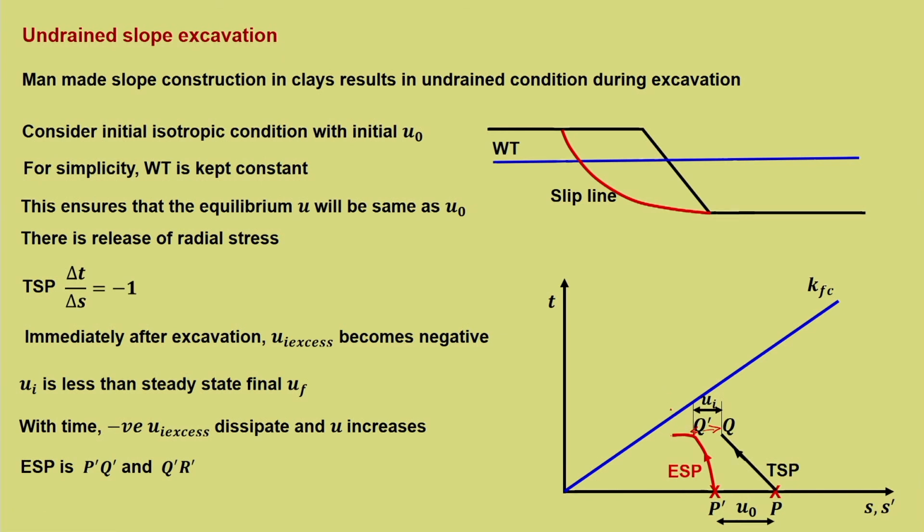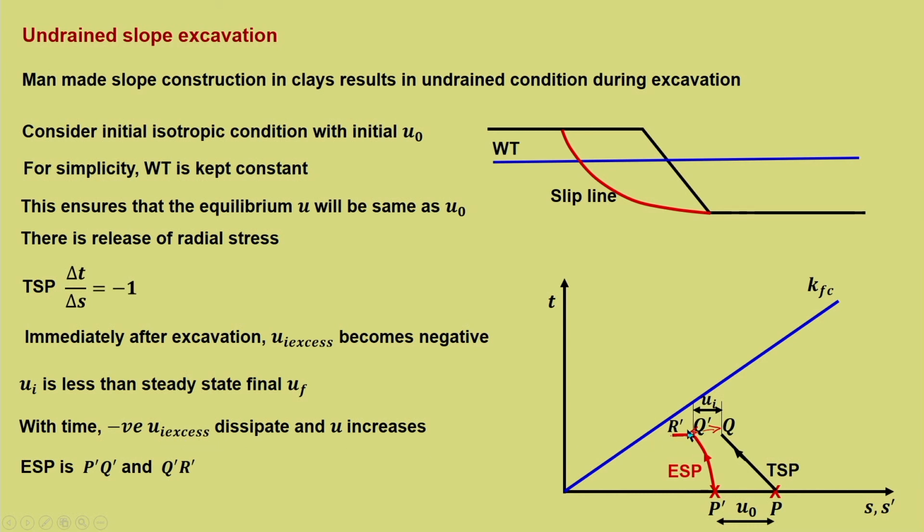So, this UI will be less than the final UF. Now, this P dash Q dash is the effective stress path and Q dash R dash is the point when it reaches equilibrium. So, P dash to Q dash is immediately after excavation and Q dash to R dash is when the negative UI excess starts dissipating.